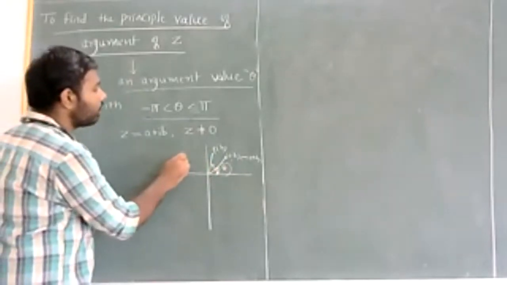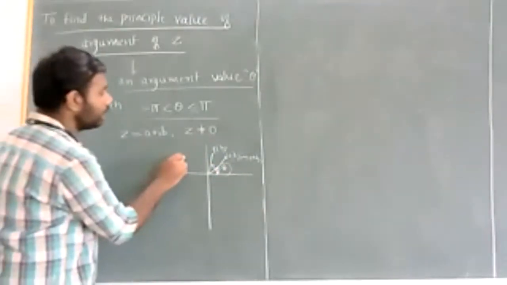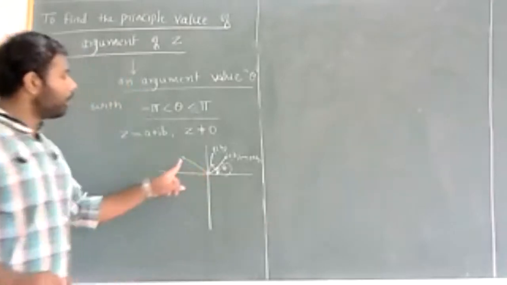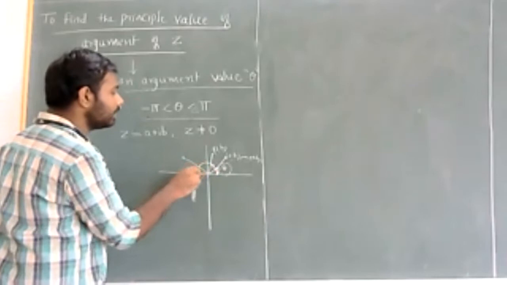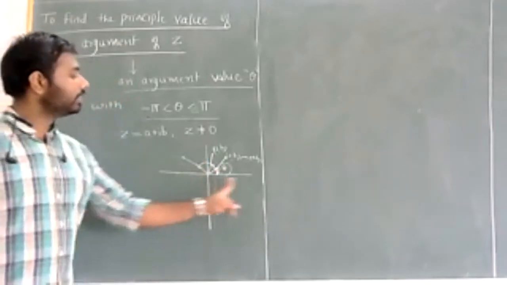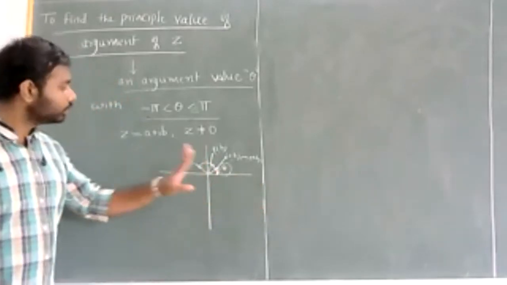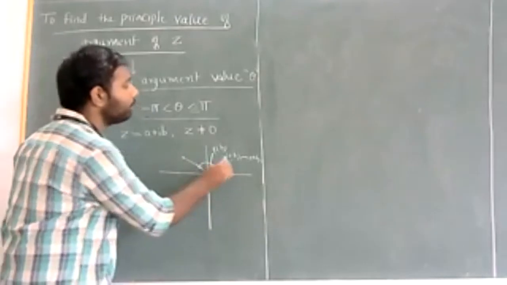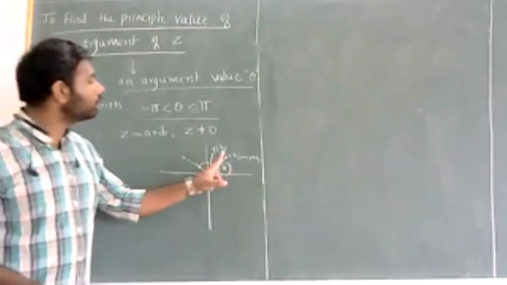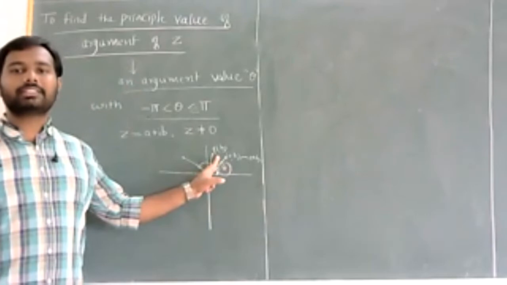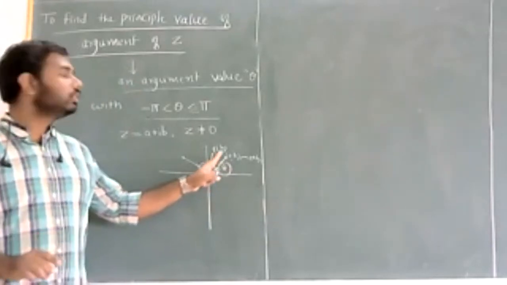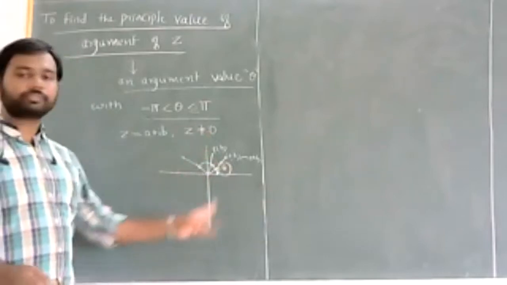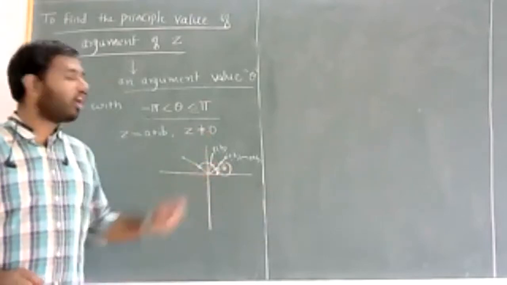So if the complex number is here, I join the point and the origin, and then see the angle subtended by this line with respect to the positive real axis. So the argument value depends on the position of the complex number, and depending on that position, you can get the argument value.